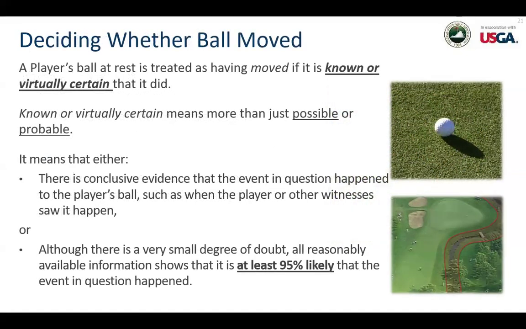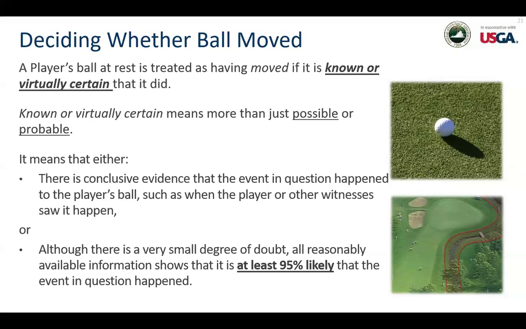I know Kent covered virtually certain or known or virtual certainty and covering penalty areas. This is another time where it's used to determine what the standard is as to whether the ball moved or not. So this could be something that we saw or we thought we saw. It can be something that we didn't see. So you have a blind tee shot or a putting green, and we see a dog run across the green, we have to determine, did that dog cause our ball to move?